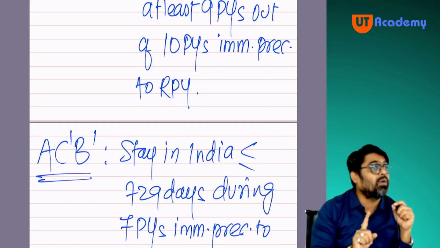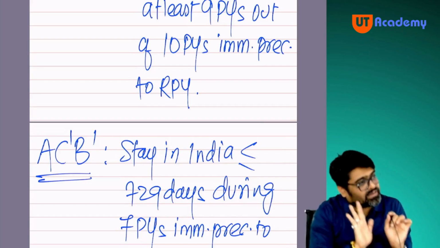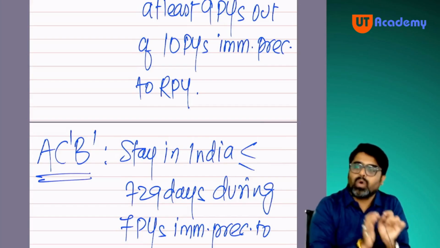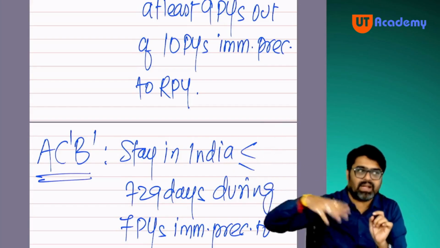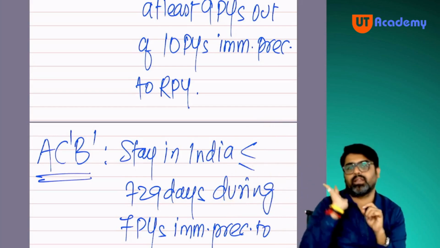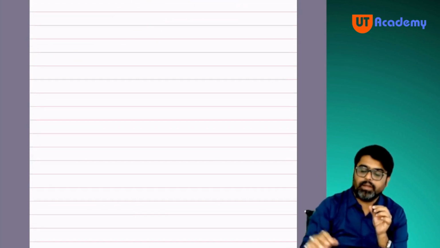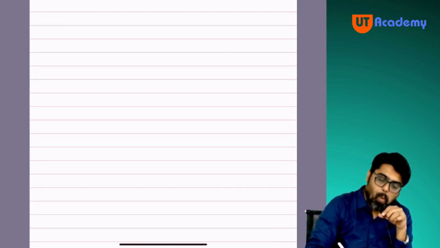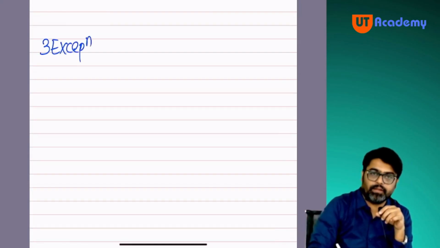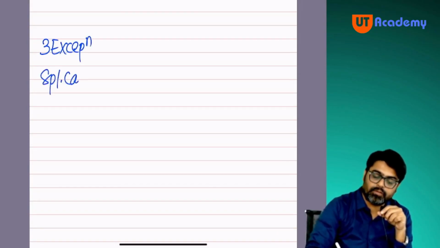Okay. Right now, are you understanding these conditions? How to apply these conditions and how to solve the questions, we are going to see. But right now, understand this much. Yes or no? See. These are 3 exceptional cases. Then special case.